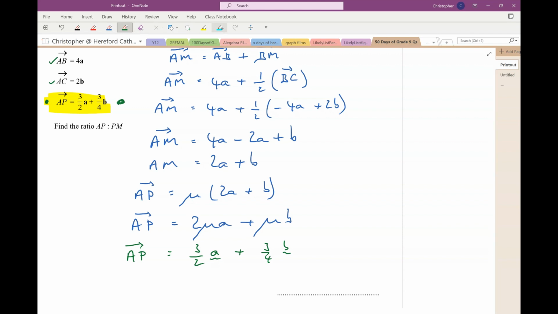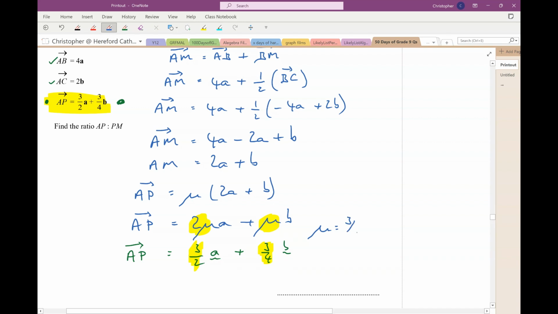Can't I now equate those coefficients? I've got mu is 3/4 and 2 mu is 1.5. Oh, that's good, because 1.5 is twice 3/4, isn't it? So mu is 3/4. Okay, good.